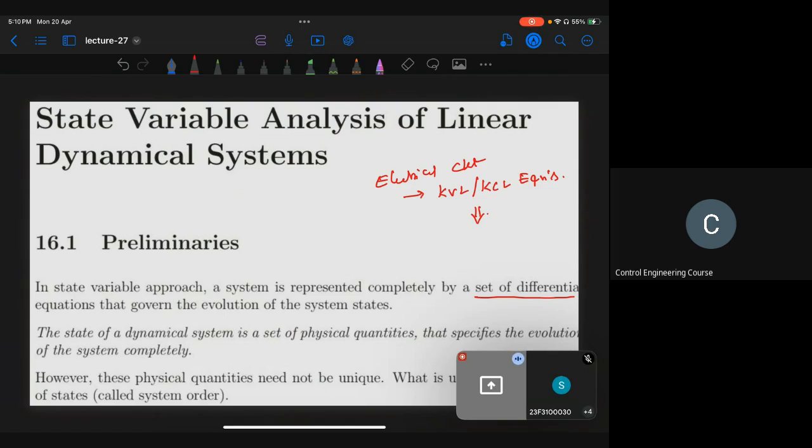But when your circuit consists of inductors and capacitors, your KVL and KCL equations are in terms of integro-differential equations, which means you'll get combinations of both integral and differential equations. This is the meaning of a set of differential equations. Those equations govern the system behavior.